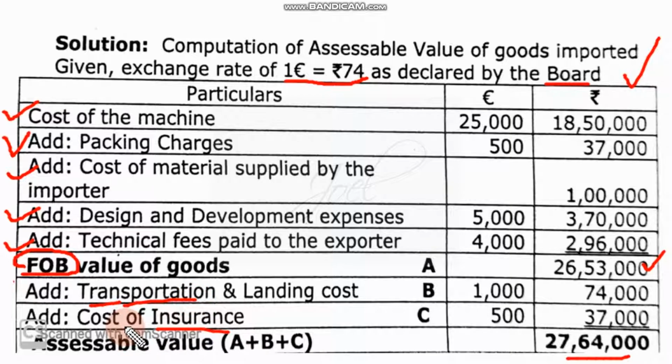If the problem is silent, insurance is not given, 1.125% of the FOB price will be considered as insurance charges. So we are going to add all these items. When you add, you will get 27 lakh 64,000, and that will be the assessable value we have to consider.